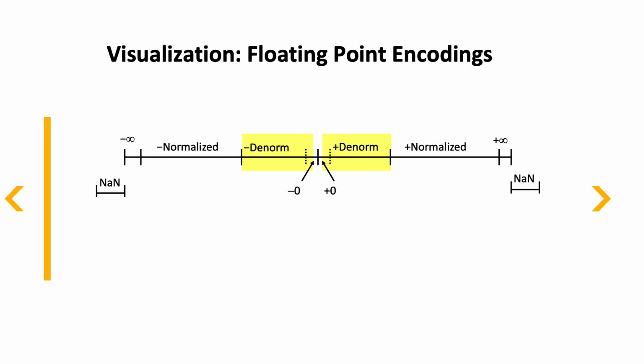So those are the ones that are closest to the origin of the number line. Then we move up into our normalized values, and finally we hit our infinities on either side. And then somewhere out there, we have our not-a-number values, which is what happens when we try to represent imaginary numbers or something along those lines.